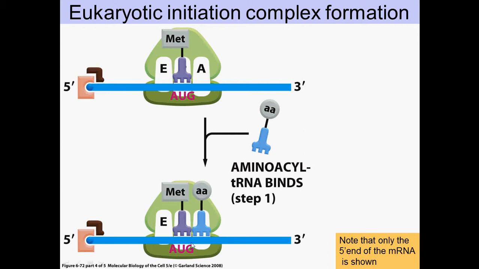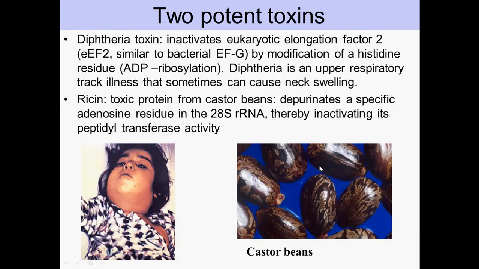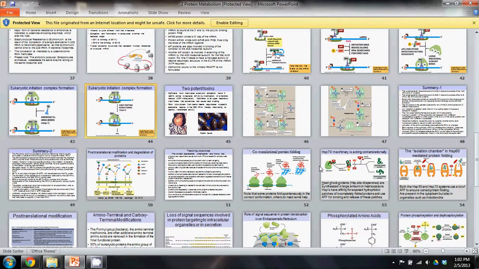Then this tRNA would become the peptidyl tRNA. See this tRNA over here, it's a peptidyl tRNA, and this first tRNA is going to go to the E site and leave. Alright, that's about it for this video.